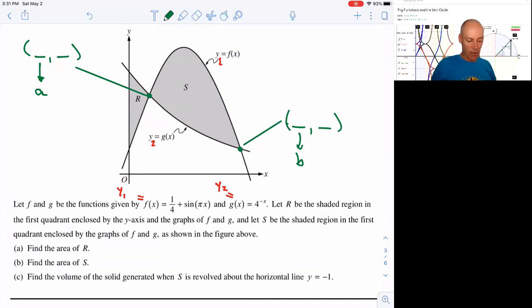Okay, so now I'm going to use second calc. I want to find intersect, first curve, second curve, and then I move to that intersection point. And it looks like that intersection point is 0.17821805.